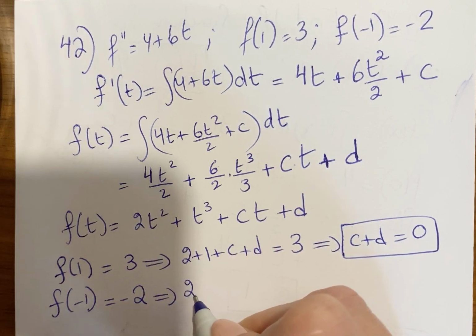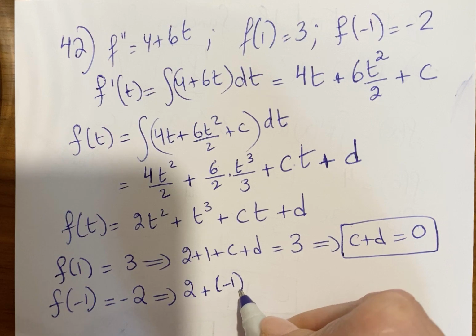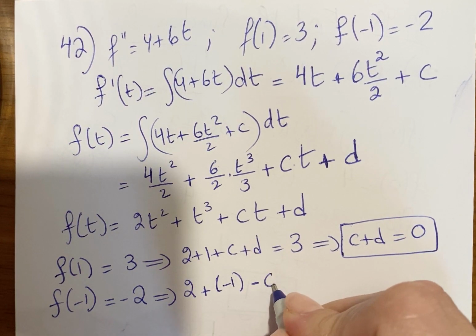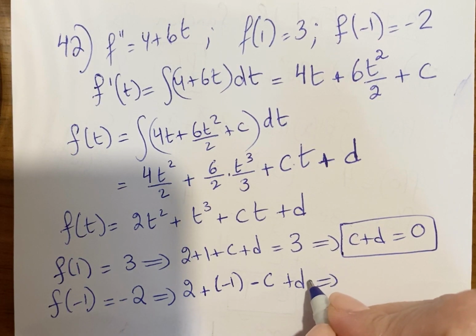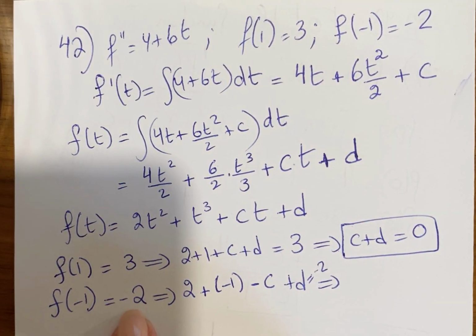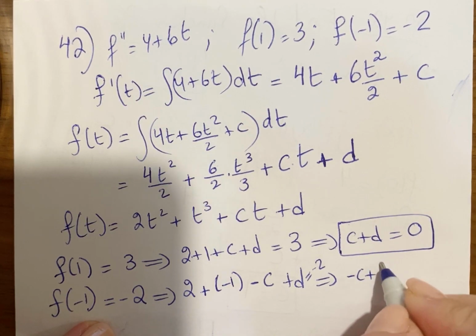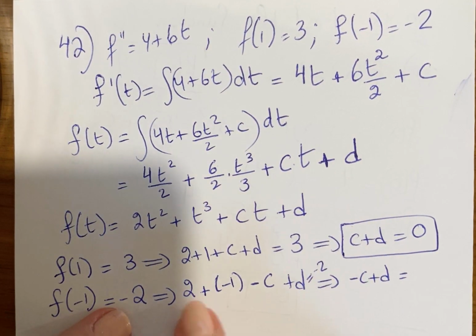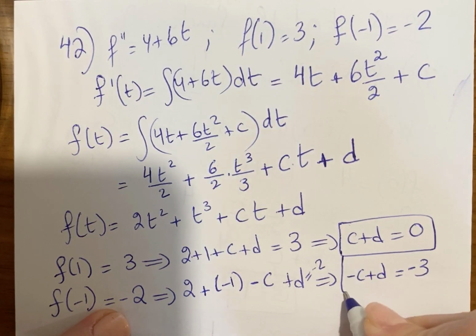This means 2 times minus 1 squared plus minus 1 cubed, which is minus 1, plus C times minus 1, which is minus C, plus D is equal to minus 2, which means that minus C plus D equals minus 2 minus 2 minus 4 plus 1, it's equal to minus 3.